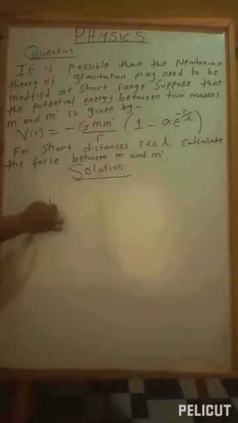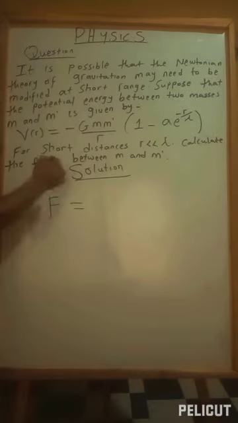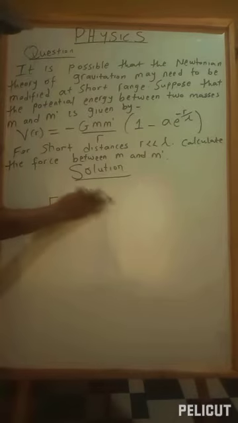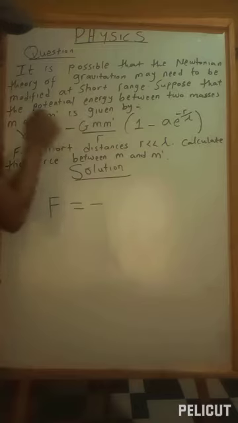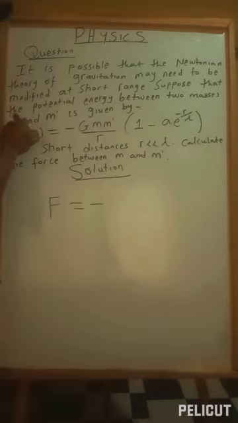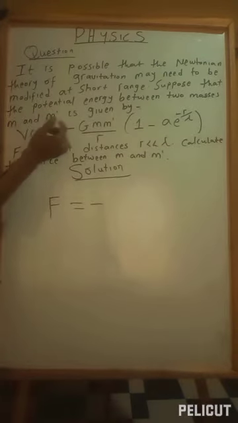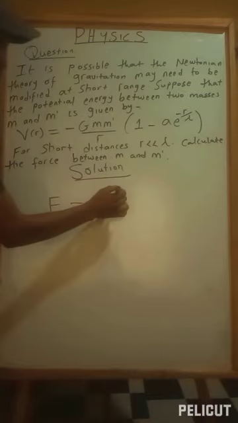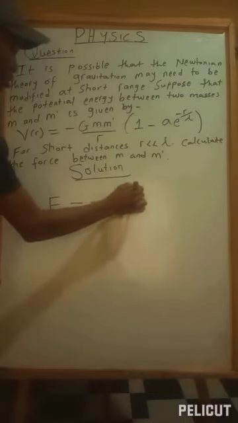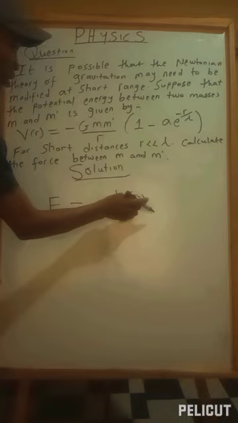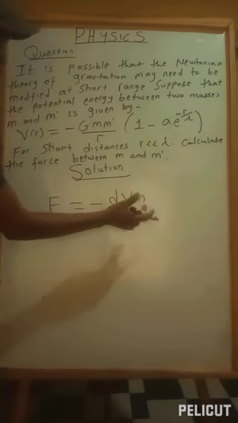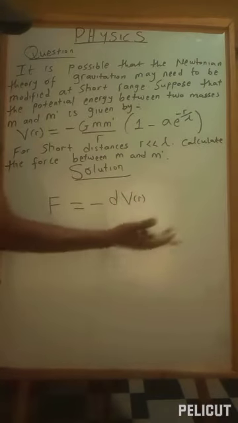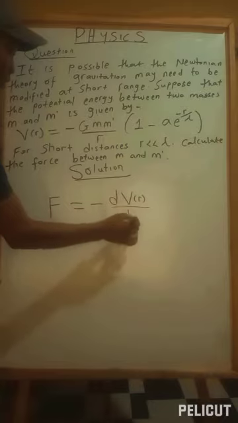You need to recall that if you are given a potential, then the force, which is a vector quantity, is minus the derivative of the potential. In this case the potential depends on r, not x. r can be x, y, z in 3 dimensions.